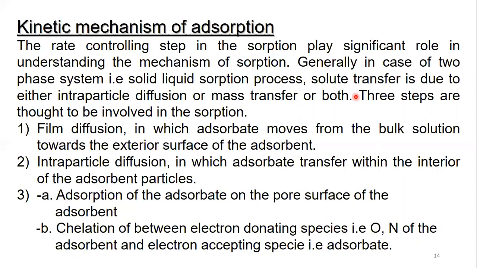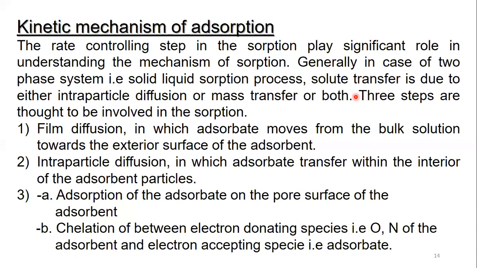The second is intra-particle diffusion, in which the adsorbate is transferred within the interior of the adsorbent particles. We have a porous material and our adsorbate is going to move inside that material. That is called intra-particle diffusion. The third one is classified into two different segments.